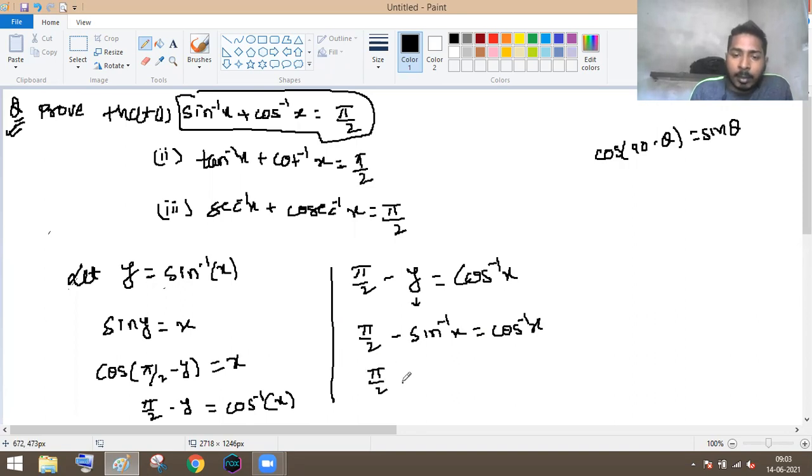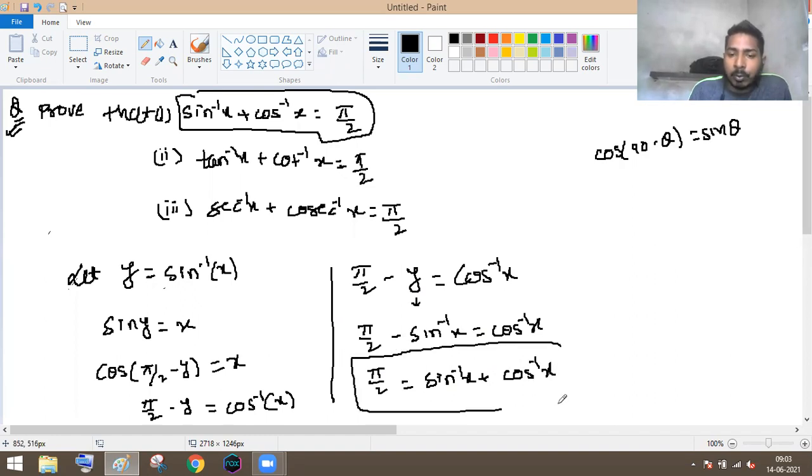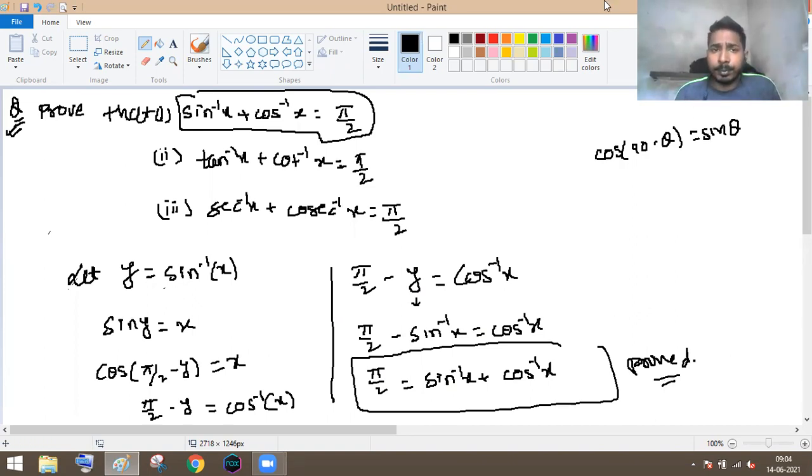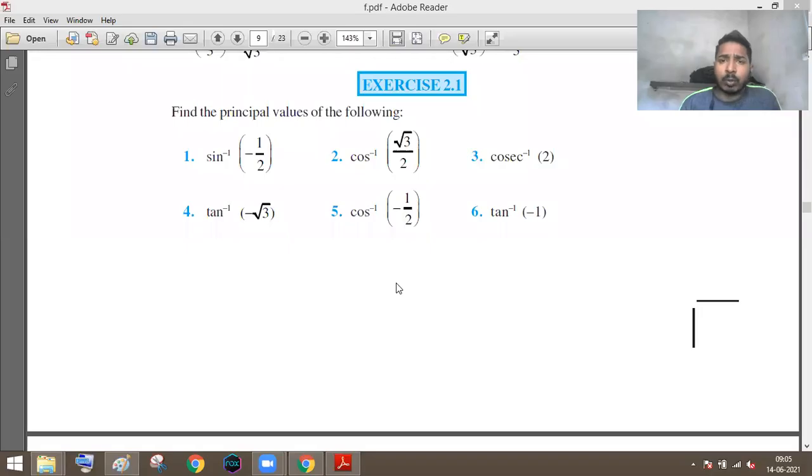And from here I can write pi by 2 equal to sin inverse x plus cos inverse x. And this is the proof. Okay. Understood? Yes, sir.